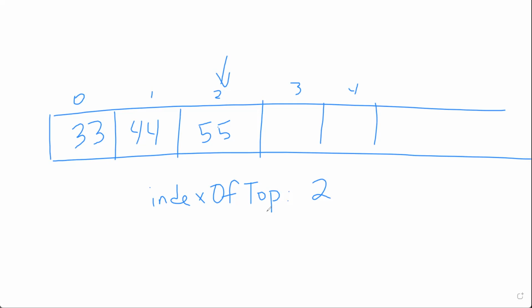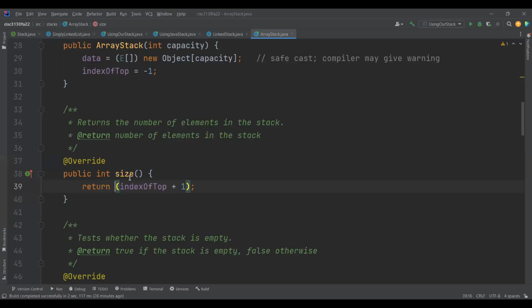What would happen though if the stack is empty? We said before that when the stack is empty, the index of top is -1. And so if we add 1 to that, we'll get 0, which is indeed the size of the stack. So it all works out. Let's go back to the code. So again, to get the size, we say return index of top plus 1.